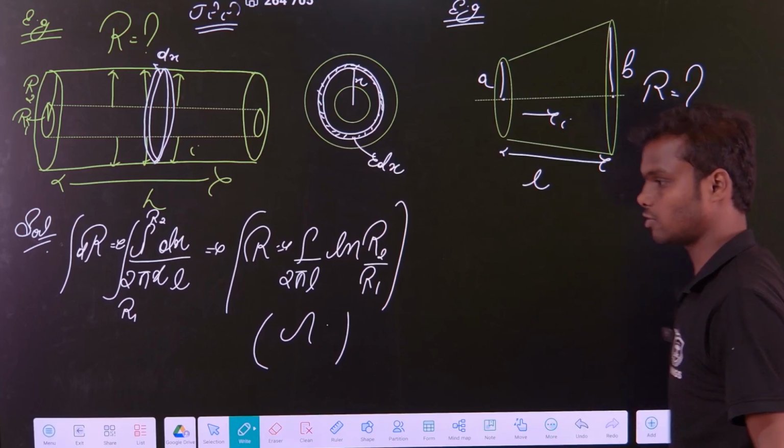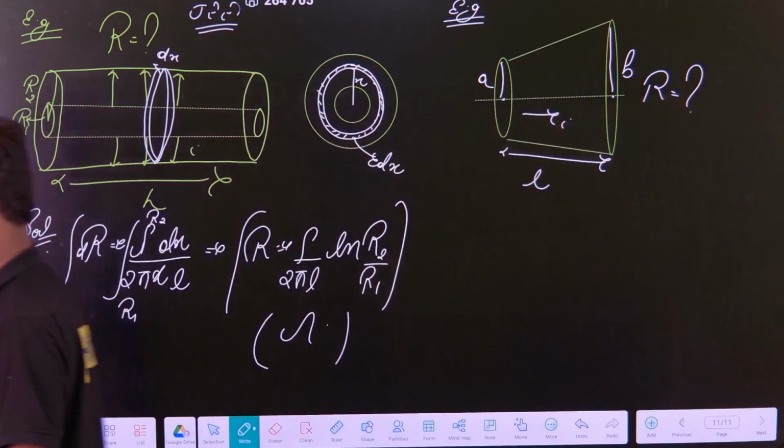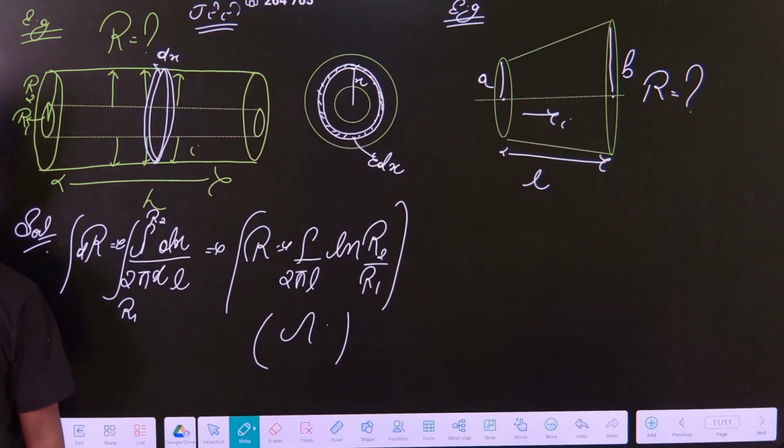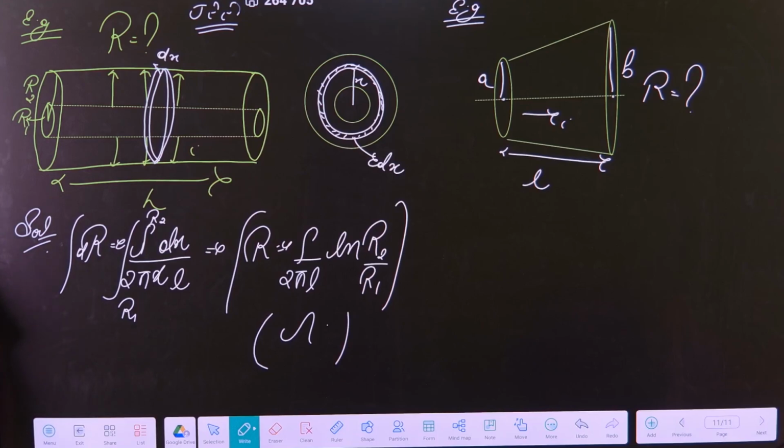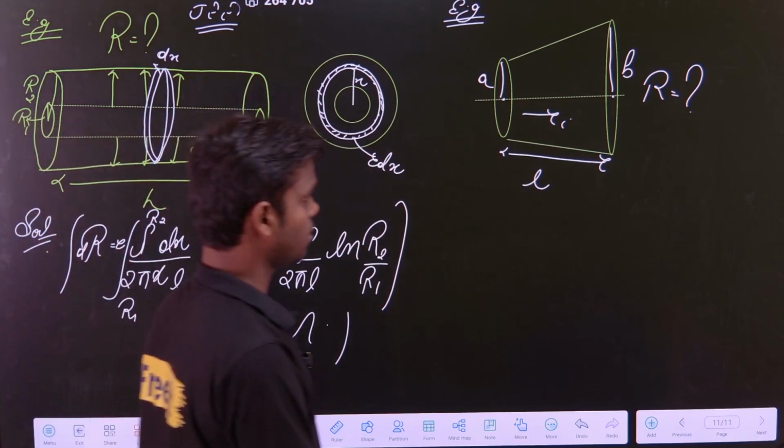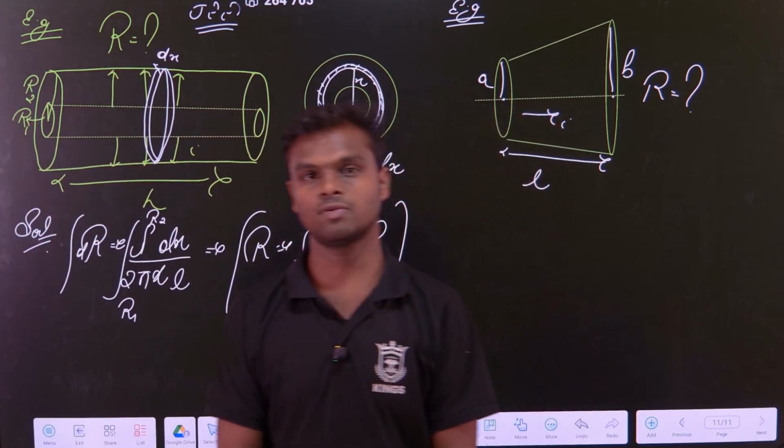Just think about it for 2 minutes and then solve it. You have to find the resistance R. Think about it. How to solve this? How to calculate the resistance? What is the approach? What is first? You tell me what is changing here.